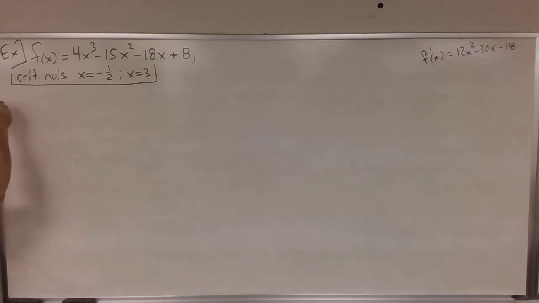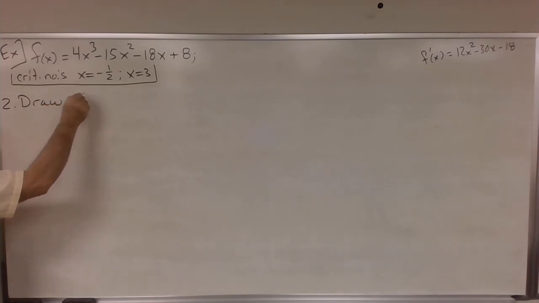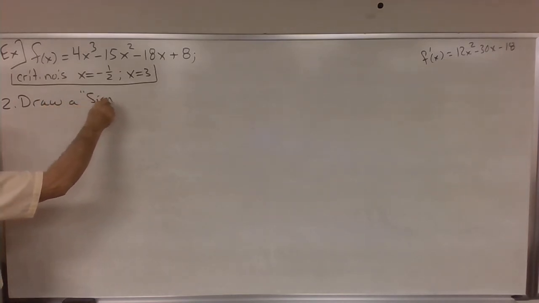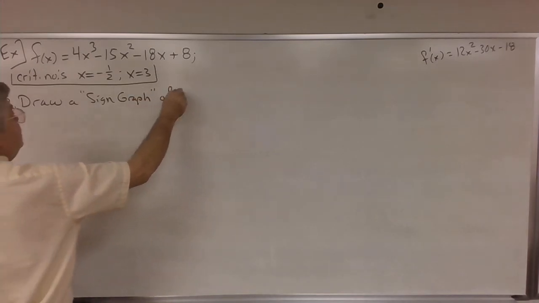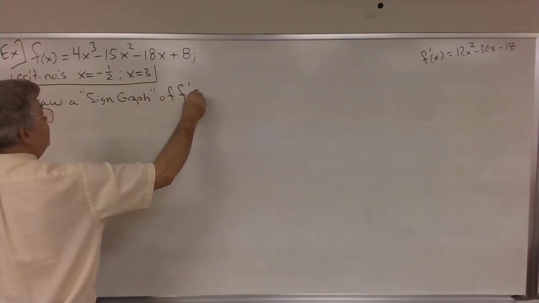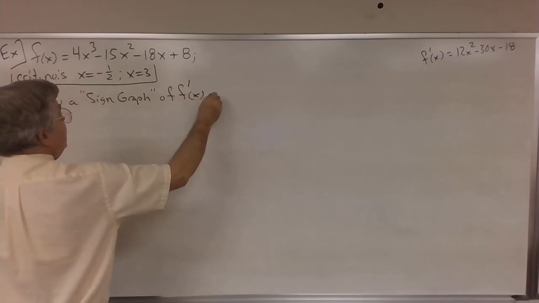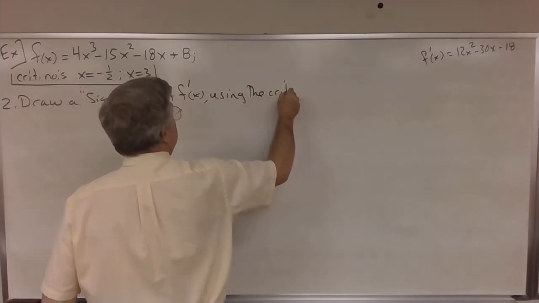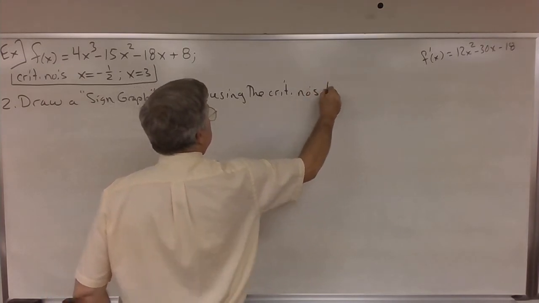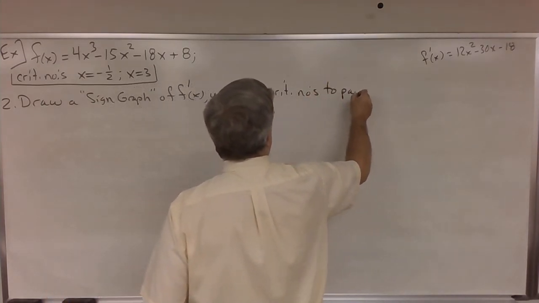And step 2, what was that? Draw a sign graph of the derivative using the critical numbers to partition the x-axis.